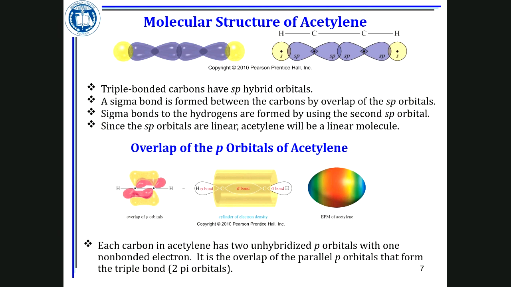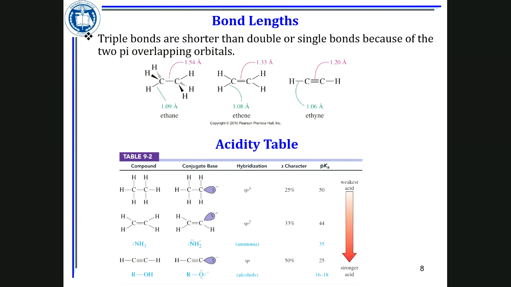sp hybridization for acetylene. We talked about sp hybridization before. You have one sigma bond and two pi bonds, and the two pi bonds also count for two elements of unsaturation. The bond length is going to be shorter and the strength of the bond is going to be stronger.